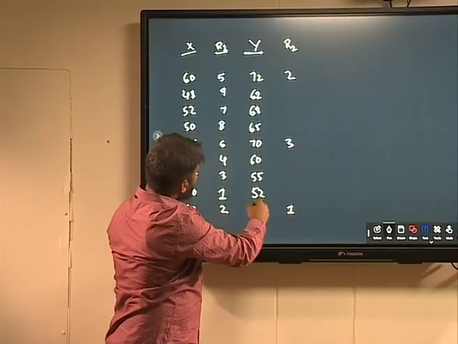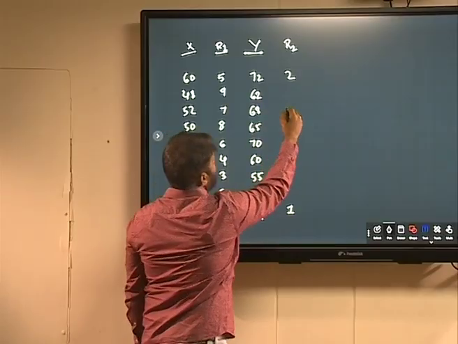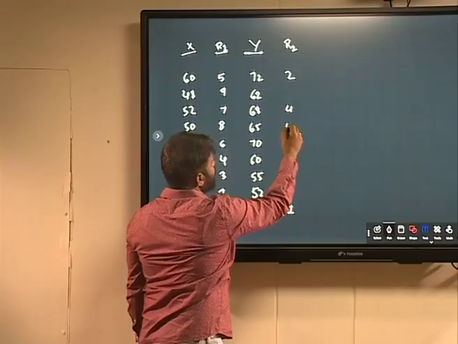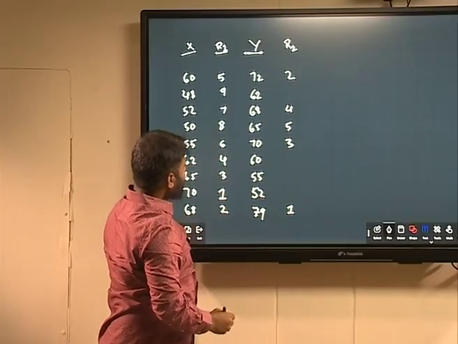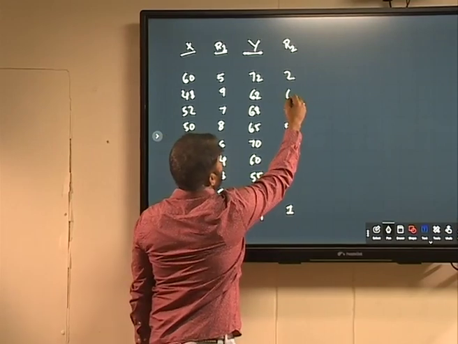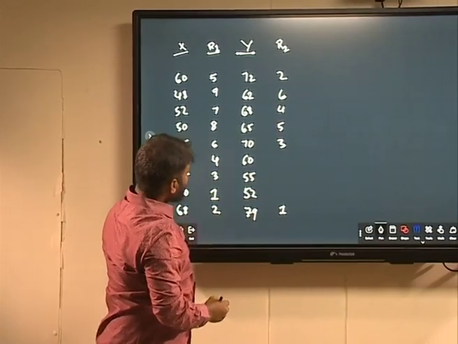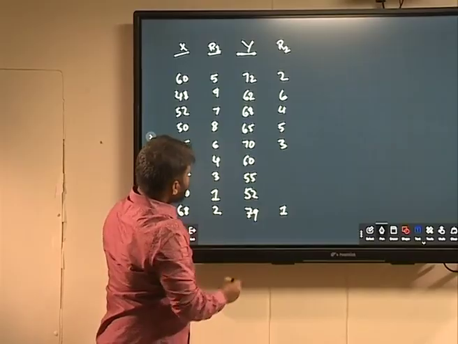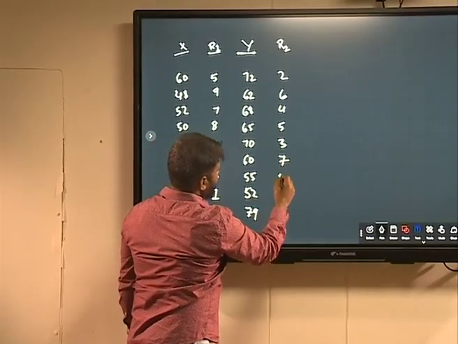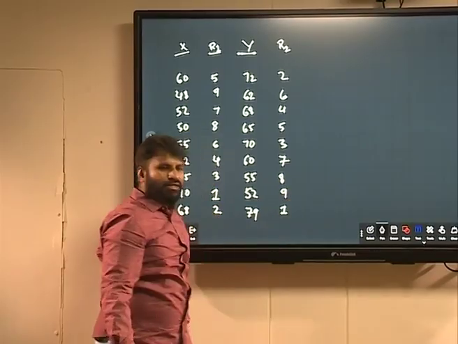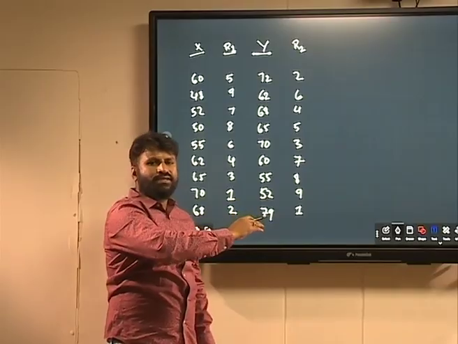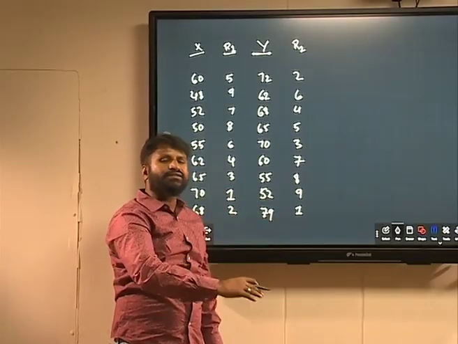After 70, 68 is the fourth rank. After 68, 65 is the fifth rank. After 65, 62 is the sixth rank. Next after 62, this one is the seventh rank, this one is the eighth rank, this one is the ninth rank. So what I did here, simply based on the values in the data sets, I arranged the ranks.